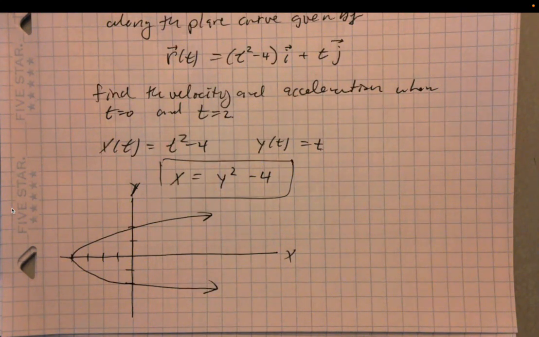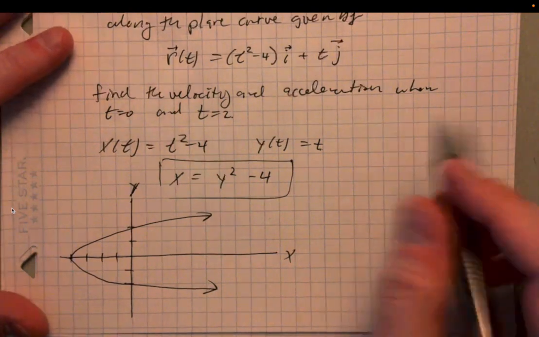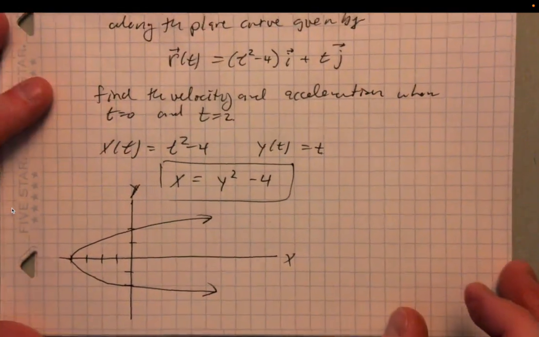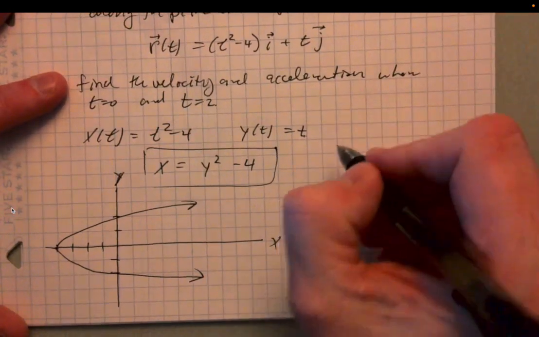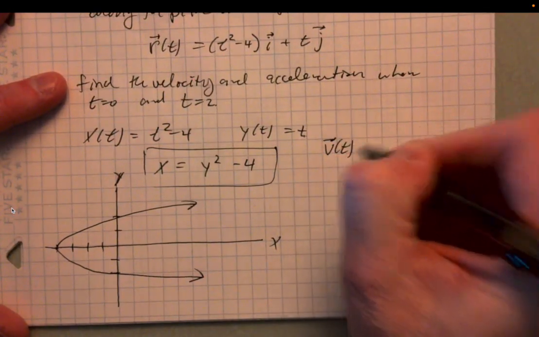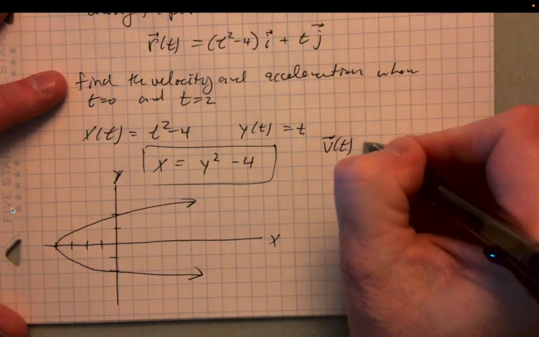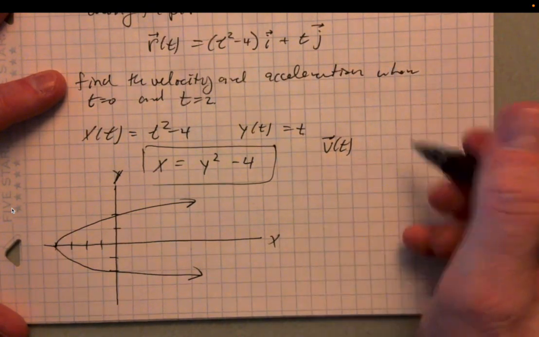Now there's an orientation to this thing. Let's flush some of that out. What's the velocity vector going to be? We'll need that and acceleration here. We'll get to the orientation in a second. Let's do this first.